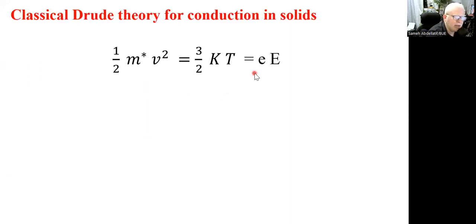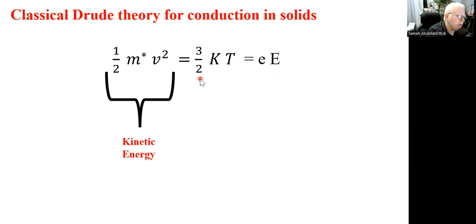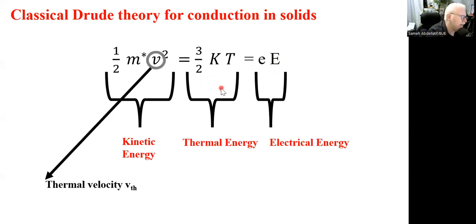And we have the electrical energy given as e times E. The small e represents the unit charge of a single electron, which is 1.6 times 10 to the power negative 19 coulomb, and the capital E is the energy. Using this equation, this is kinetic energy, this is thermal energy, and this is electrical energy.